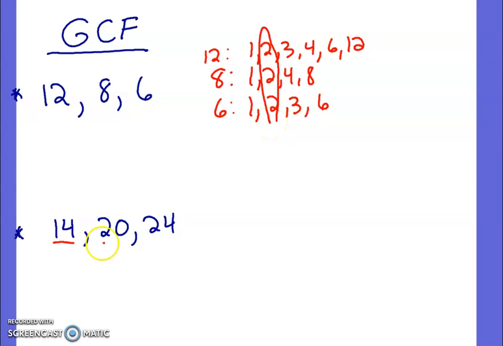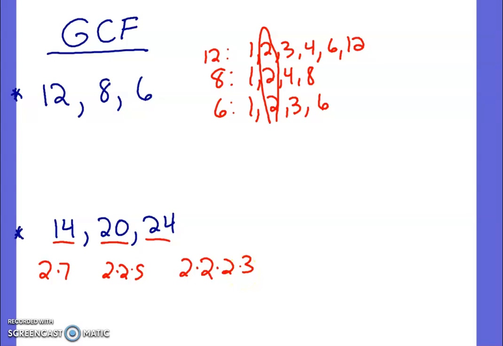And then the same thing with 14, 20, 24. You did this in previous classes on several different illustrations. Another way you could do it is the prime factorization. The prime factorization of 14 is 2 times 7, of 20 is 2 times 2 times 5, and of 24 is 2 times 2 times 2 times 3.